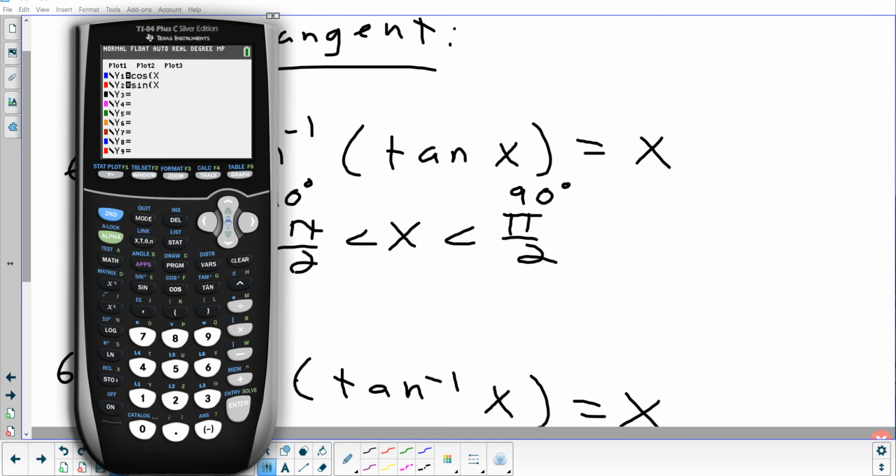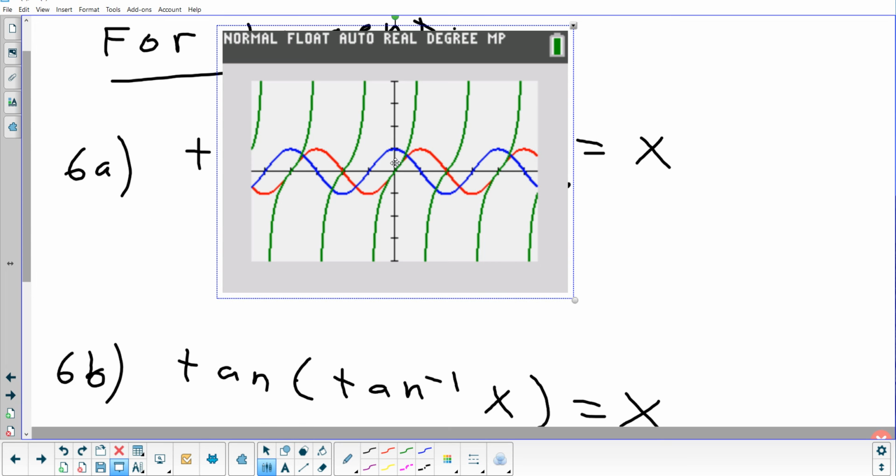I'll just do tangent in green. Draw that. How high and low does it look like tangent goes? Yeah, it's going to go forever. It doesn't just stop, like the top of my screen is 4. It doesn't stop at 4. If you zoom out, it just keeps going.